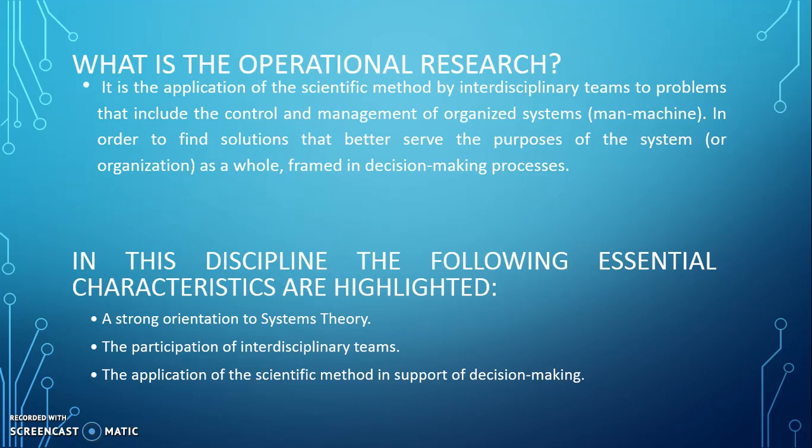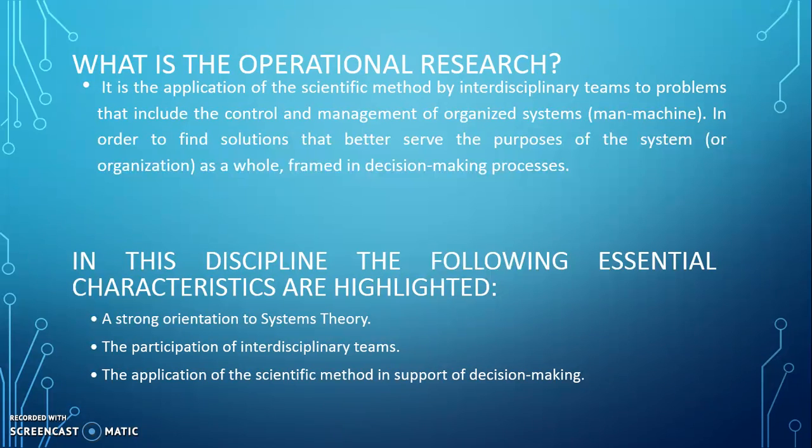What is operational research? It is the application of the scientific method by interdisciplinary teams to problems that include the control and management of organized systems, in order to find solutions that better serve the purposes of the system as a whole, framed in decision-making processes.